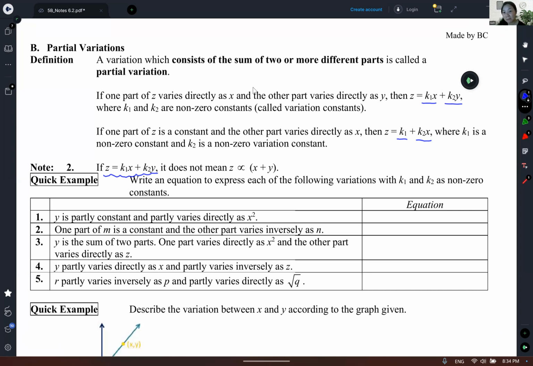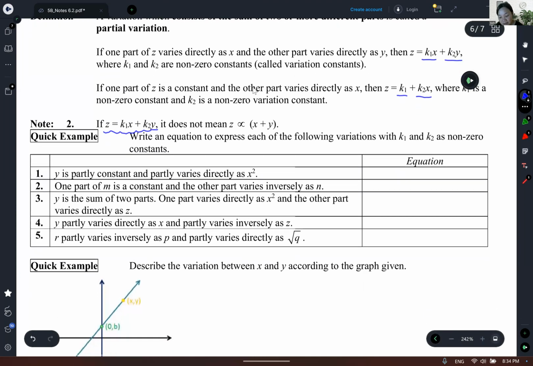Partly doesn't mean the sum. It does not mean X plus Y. It means something times X plus something times Y. That is a sum, but not directly as X plus Y. Anyway, you will see what I mean.